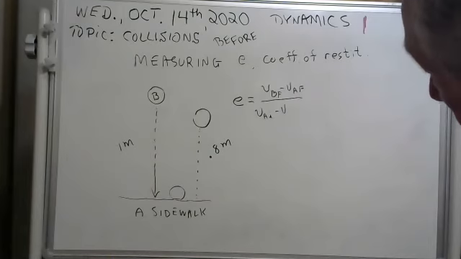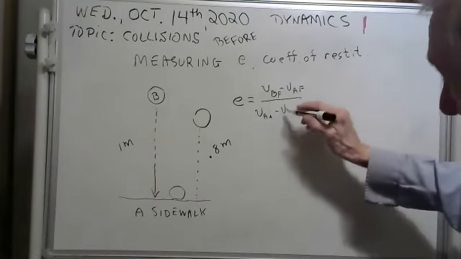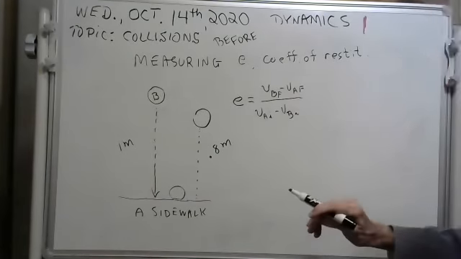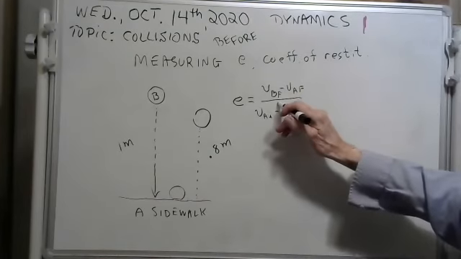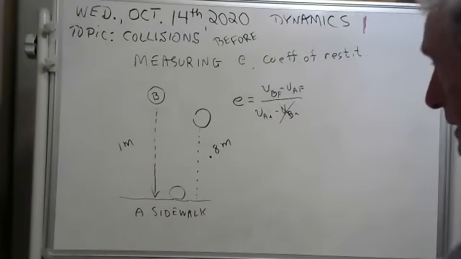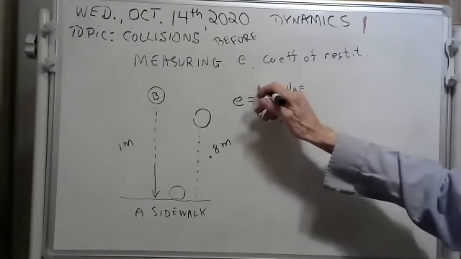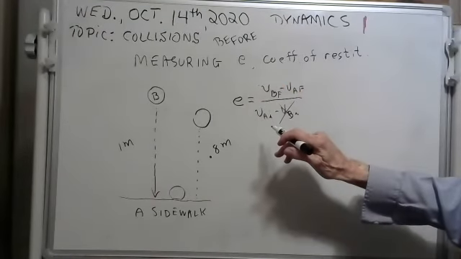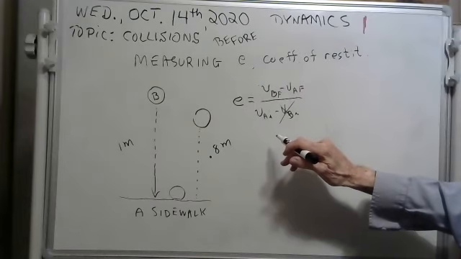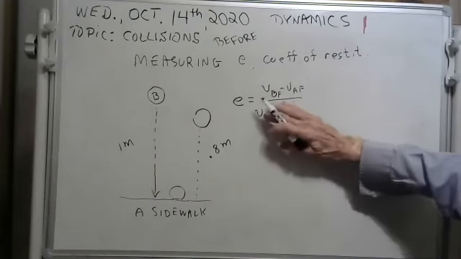okay, I'm getting mixed up here. Yeah, this is the initial velocity of the sidewalk. Well, the initial velocity of the sidewalk is 0. It's not moving at all. And the final velocity of the sidewalk, wait a minute, now where's the sidewalk? No, I did it wrong, just a minute.